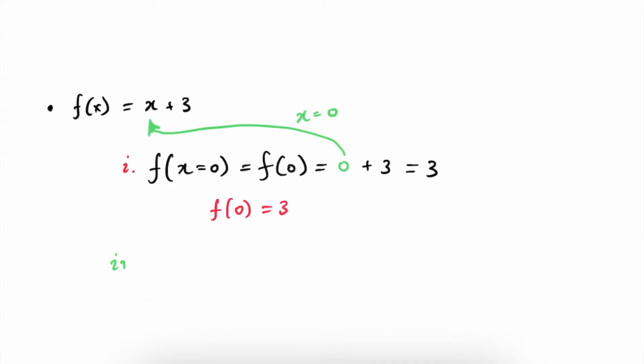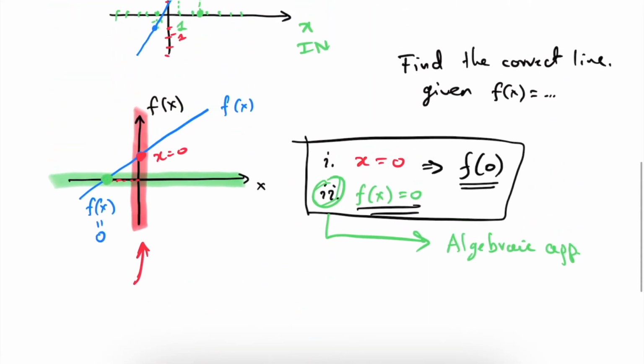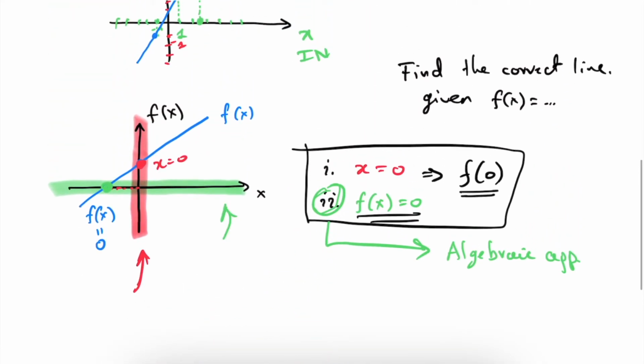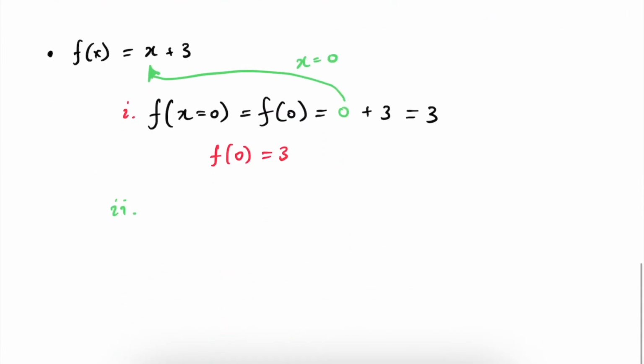The second point is where our line will cross the horizontal axis, which is, as we've seen, where f of x is equal to 0. And this is the point where the previous video will come in handy, because what we need to do here is solve the equation x plus 3 is equal to 0.